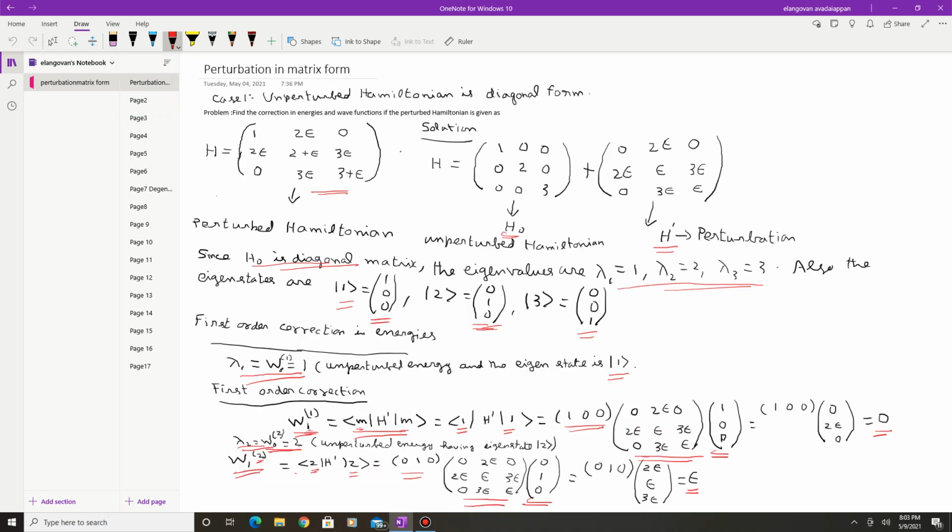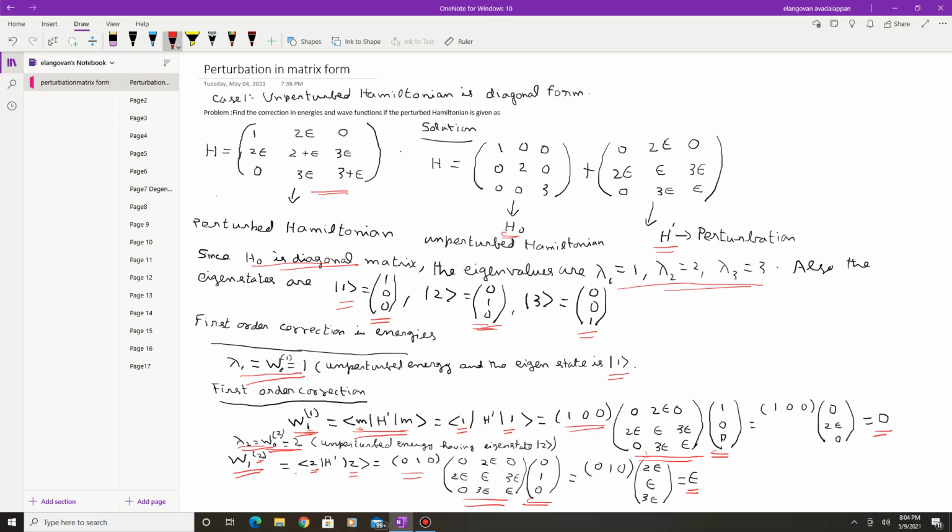The Hamiltonian is given in matrix form. We have to split the matrix into two matrices. One is the unperturbed Hamiltonian, another one is the perturbed Hamiltonian. First we have to find the eigenvalues of the unperturbed Hamiltonian. So these are 1, 2, 3, and the states are 3 states, ket 1, ket 2, ket 3. From this, if you want to calculate the first order perturbation, you use H prime, the perturbed Hamiltonian, which is given.